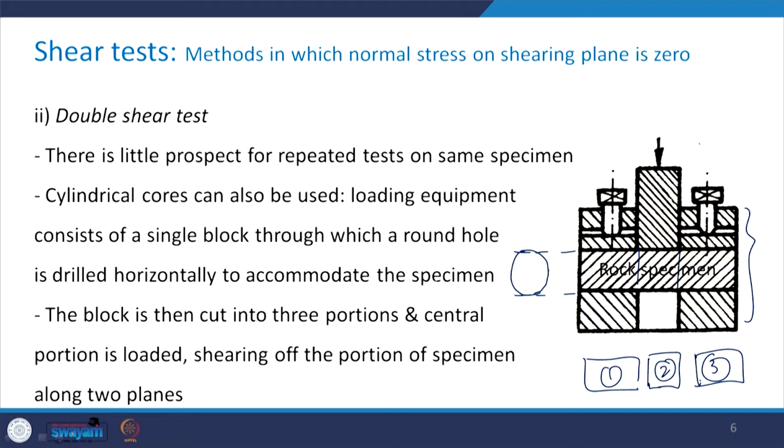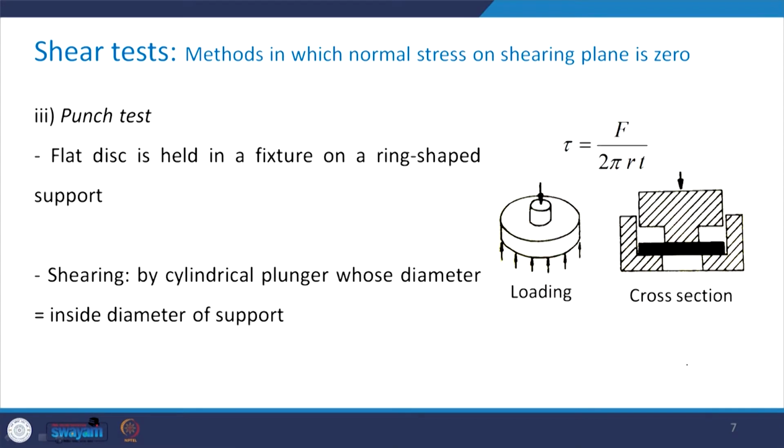Then the block is cut into 3 portions. The central portion is loaded, and this shears the portion of the specimen along these two planes. So, this is better than the single shear test, but it also has its share of disadvantages.